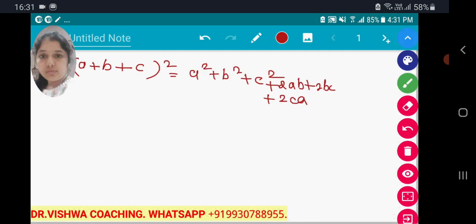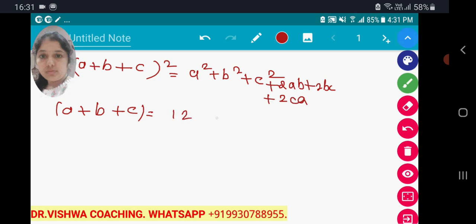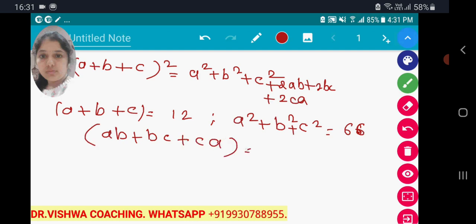What is given to us is a plus b plus c is equal to 12 and a square plus b square plus c square is equal to 66. And what is asked? ab plus bc plus ca is equal to what?